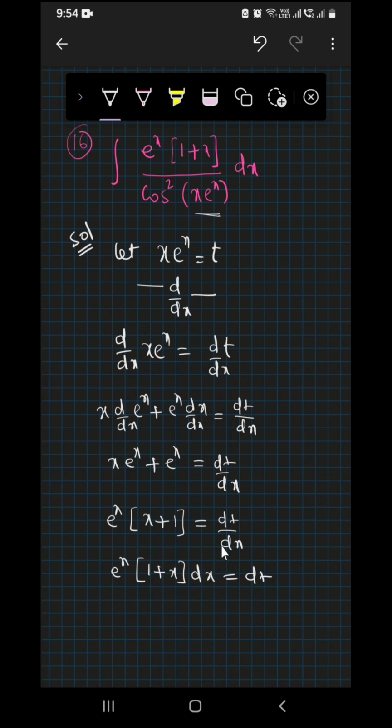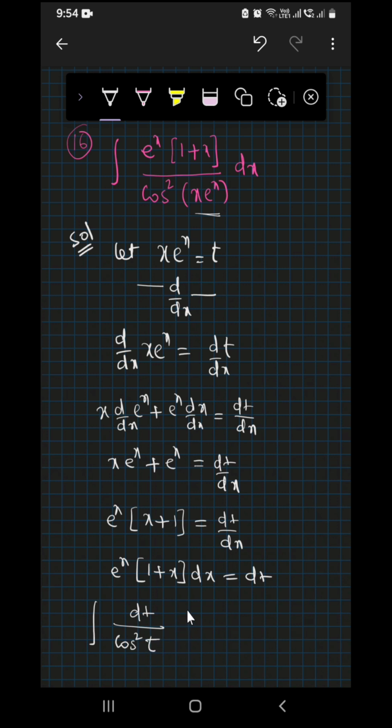So now see the question, we have e power x (1 plus x) dx, which we replace with dt, and x e power x with t. So now the question is integration of e power x (1 plus x) dx, which is simply dt only, by cos square of x e power x, that is t.